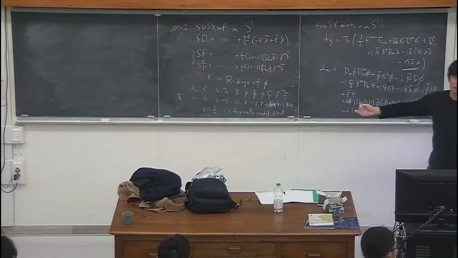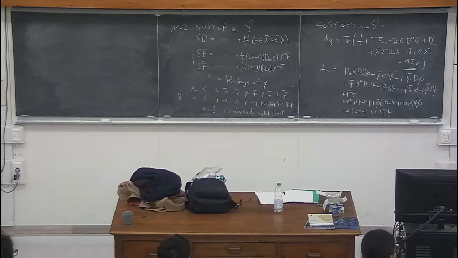For example, on S3, the commutator of the covariant derivatives is proportional to the Ricci scalar, because of the rotational symmetry. S3 has an SU(2) cross SU(2) symmetry, and we should use this here. If this manifold is not S3, if it's not so symmetric, then this cannot be this simple. It's very complicated.